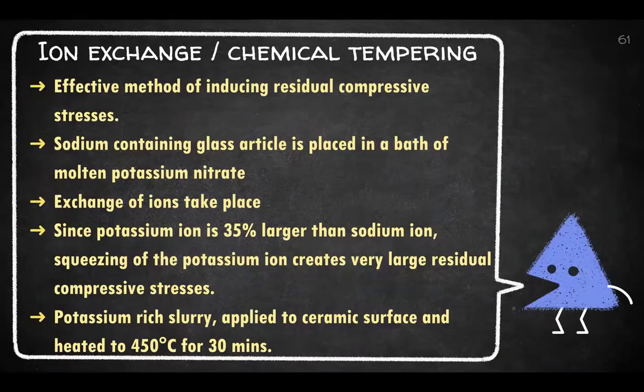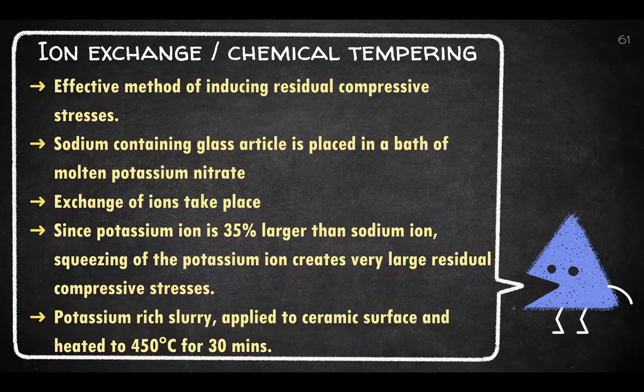And the next technique is ion exchange or chemical tempering. This is a very effective method of inducing residual compressive stresses. The sodium containing glass particle is placed in a bath of molten potassium nitrate. So what happens then? An ion exchange takes place. And what type of ion exchange?